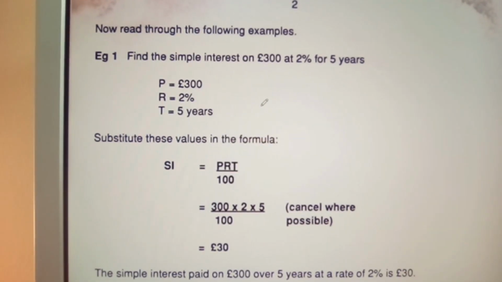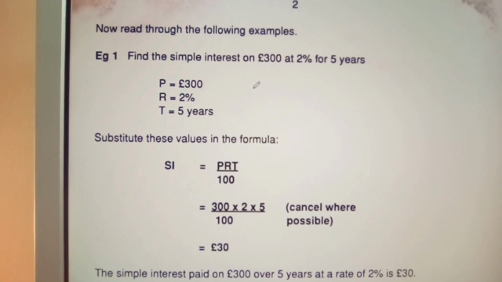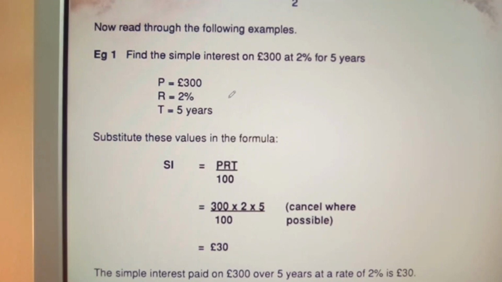Now, reading through the following examples, find the simple interest on £300 at 2% for 5 years. So let us look at how this works.